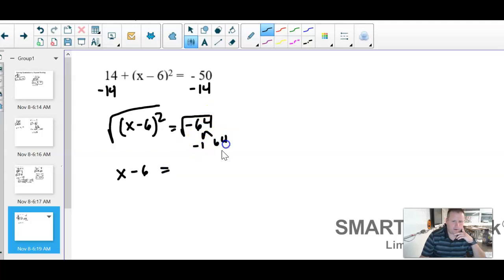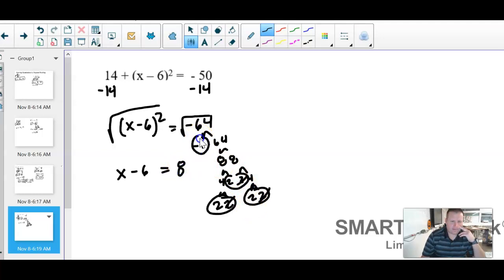And this will give me x minus 6 equals, when I go to simplify this, this will give me negative 1 and 64. And then 8 and 8, 4 and 2, and then 2 and 2, 2 and 2. I got a group there, I got a group there, and I've got a group there. These are all gone, which will give me 2 times 2 times 2, which will give me 8. And then I have this negative 1, which becomes i on the outside, if you guys remember.